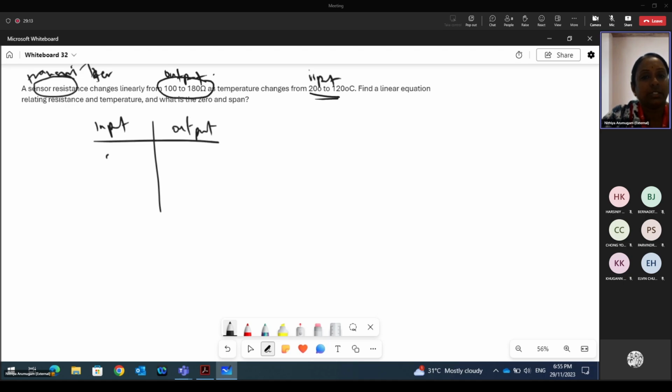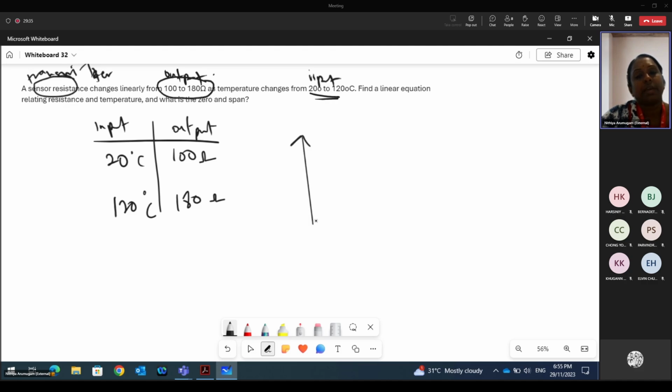So here the input, we can table as in our first question. The input is 20 to 120 degrees Celsius. Output is 100 to 180. From here we can plot to get the linear equation y equals mx plus c.